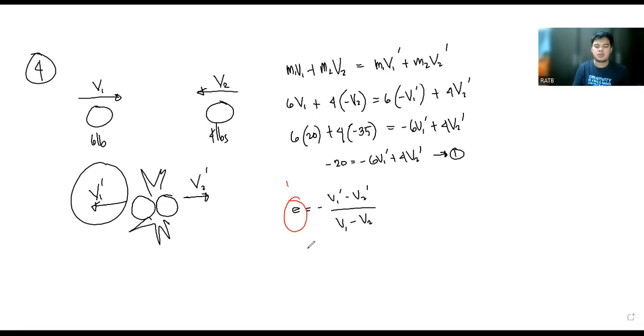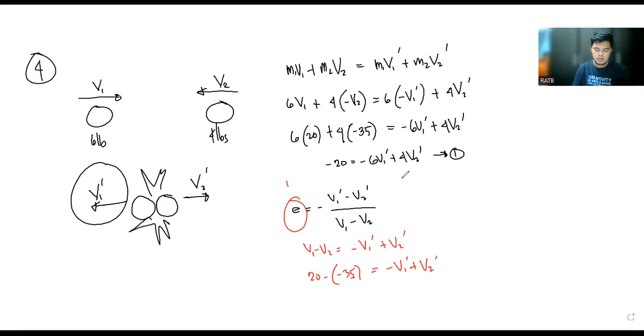So this would be v1 minus v2, that is equivalent to negative v1 prime plus v2 prime. So v1, that is 20 minus negative 35, is equivalent to negative v1 prime plus v2 prime.